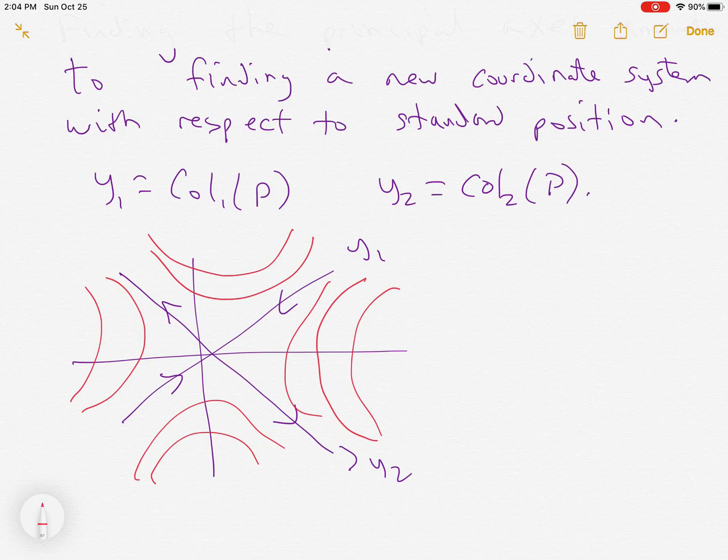So what are these? These are hyperbolas, right? Because you got this box here. And that's one of the quadratic forms. Okay.